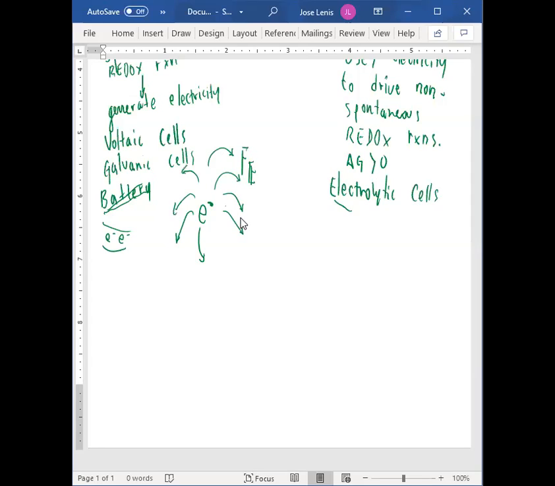And these electrons, due to this property, can be used to do work.